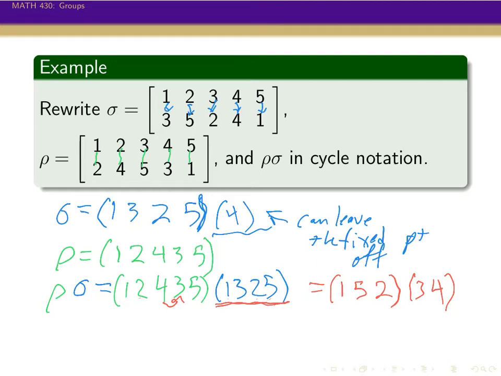So rho sigma overall has 2 cycles. The 3 cycle, where 1 gets sent to 5, which gets sent to 2, and then back to 1. And then the 2 cycle, where 3 gets sent to 4, and 4 gets sent back to 3. And so we have written rho sigma in cycle notation.